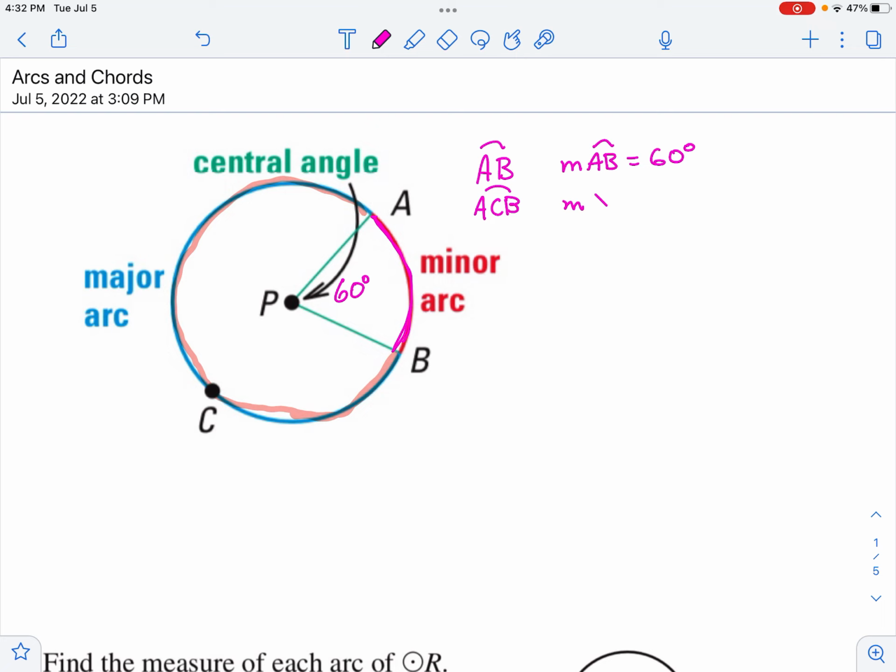We've got ACB. That's going to be 360, in other words, there are 360 degrees in a circle, minus the arc that is taken up by AB. So this is 300 degrees. So we say the measure of arc ACB is 300 degrees. So we've got these major and minor arcs.